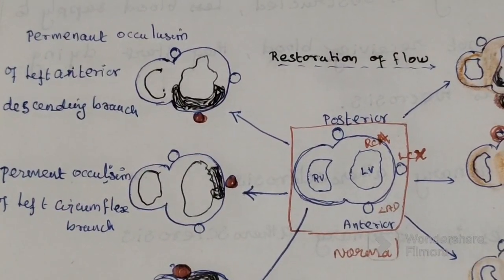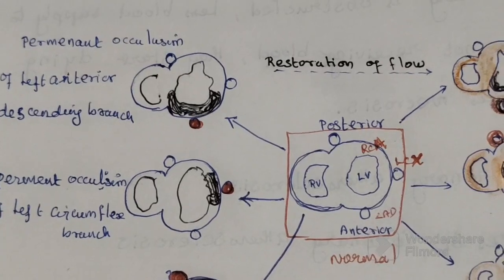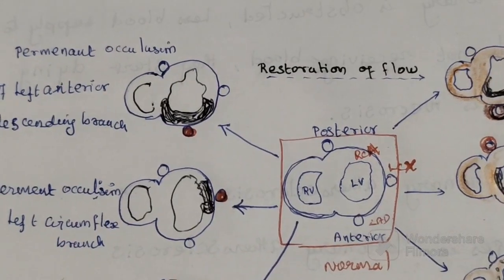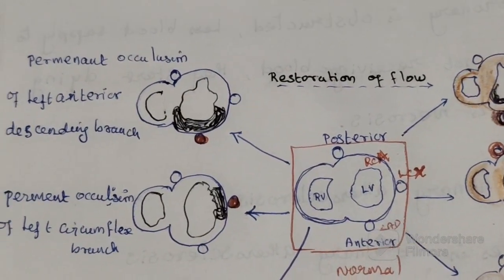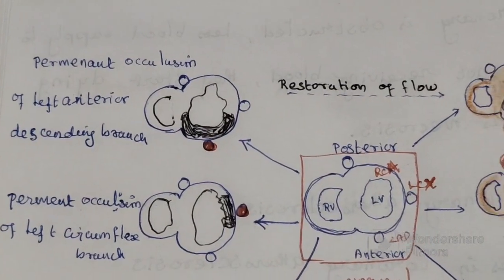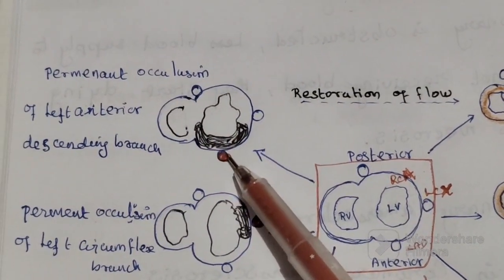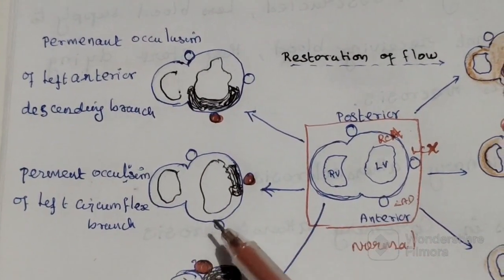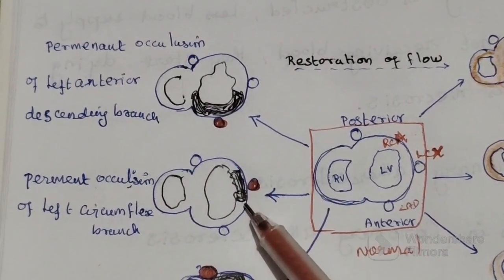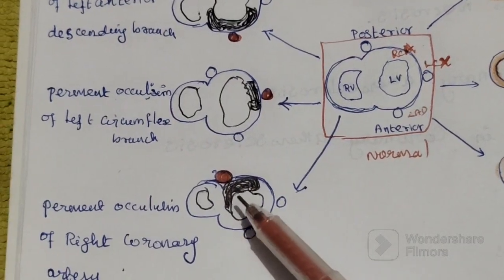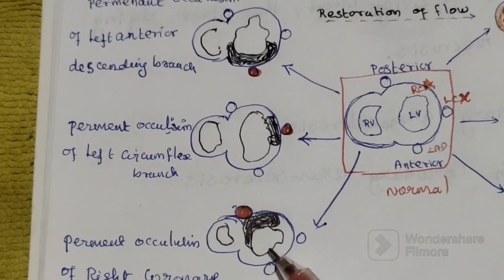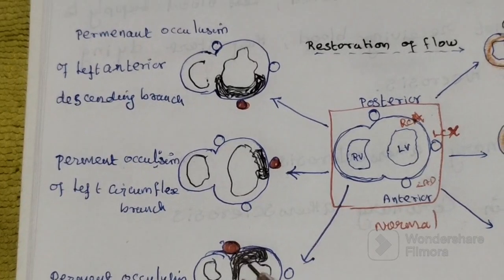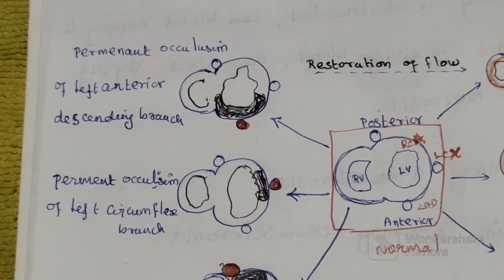Now you see the coronaries being obstructed one by one. Here LAD is completely obstructed, here LCX, and here RCA. You can see the corresponding infarcts.